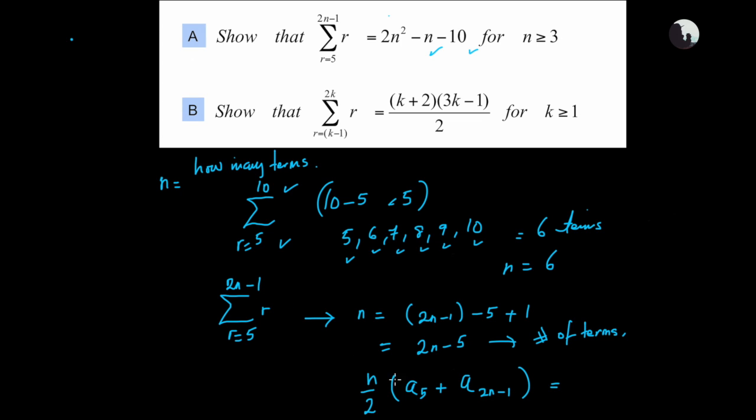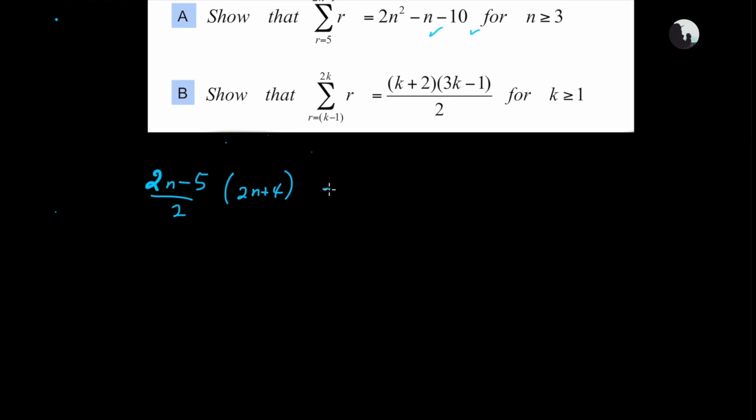So just substitute what you said for n, so 2n minus 5 divided by 2, and your a5 will be 5, plus 2n minus 1. Okay, so this part here, 5 plus 2n minus 1, will become 2n plus 4.